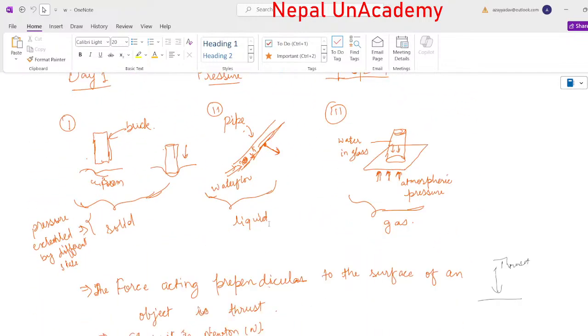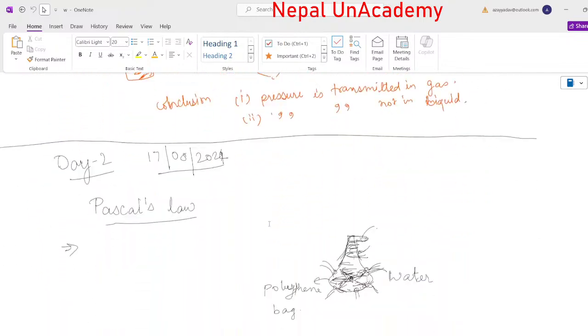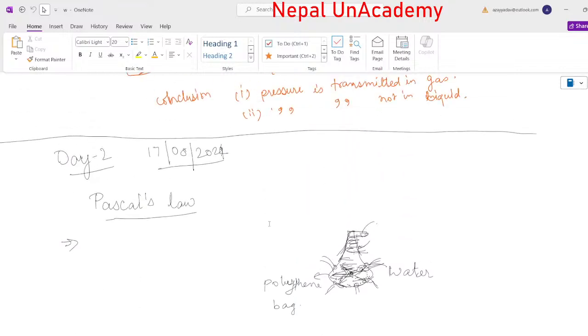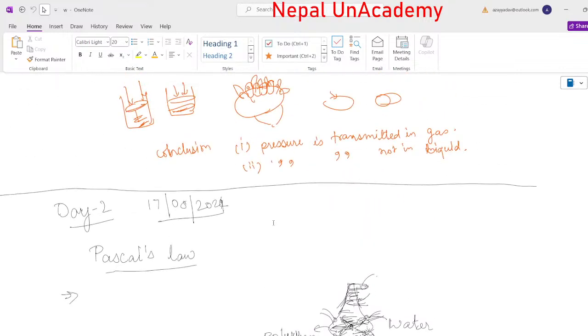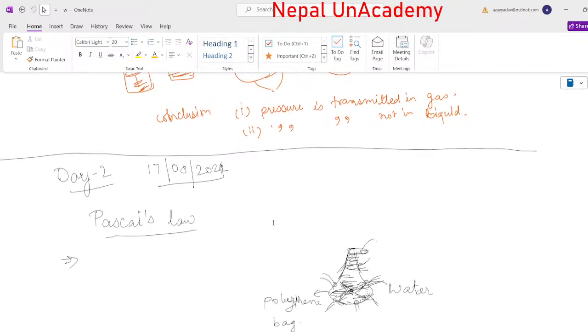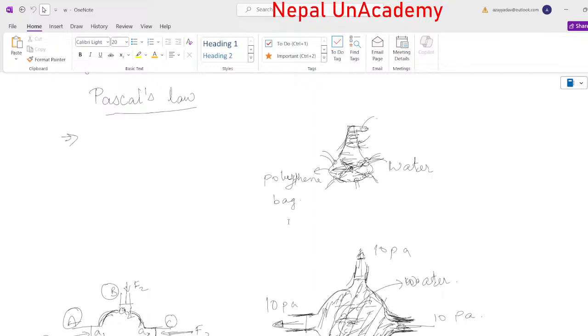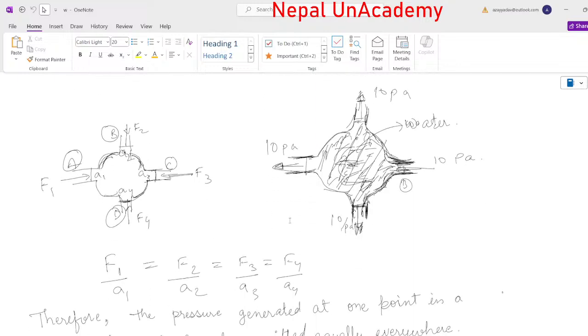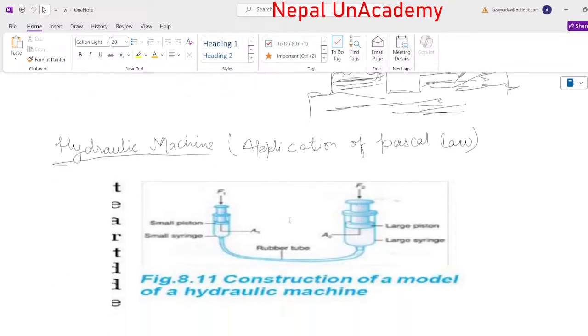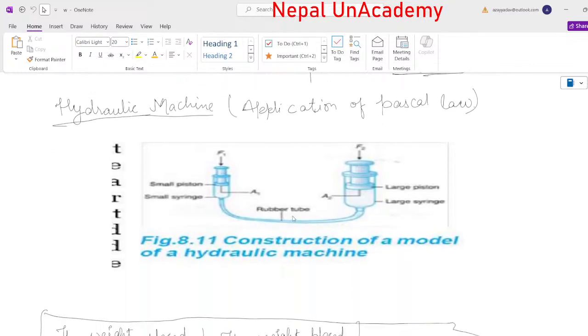See, in the day 1 class we have seen pressure and thrust. In simple definition, thrust is the normal force acting on the object, and pressure is defined as thrust per unit area of the object. We have seen then Pascal's law, and how a hydraulic machine works.